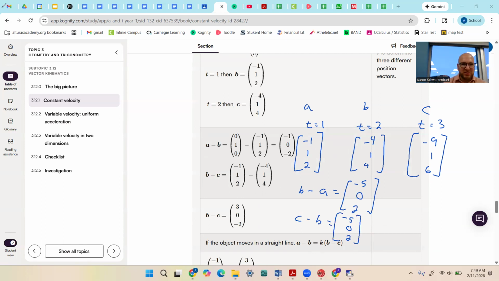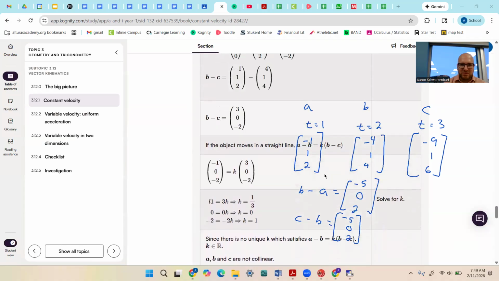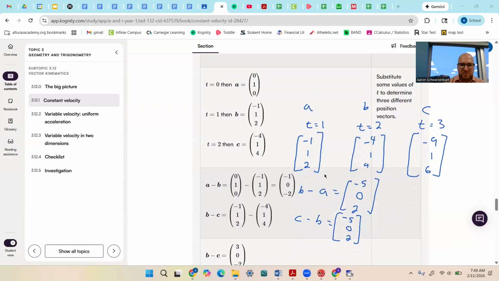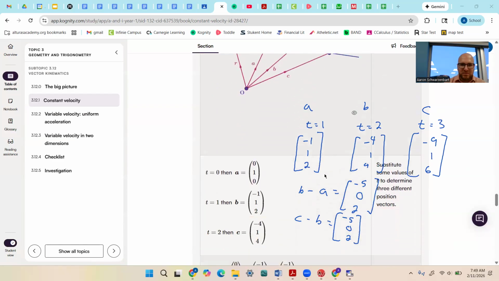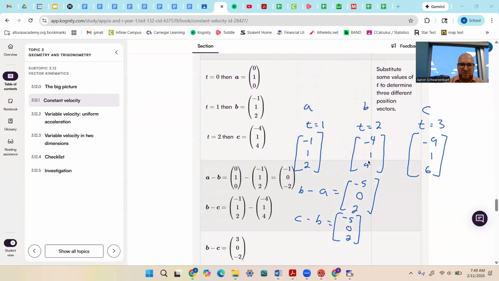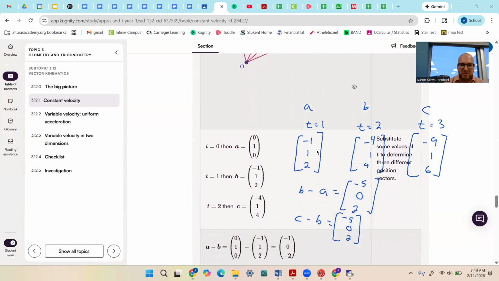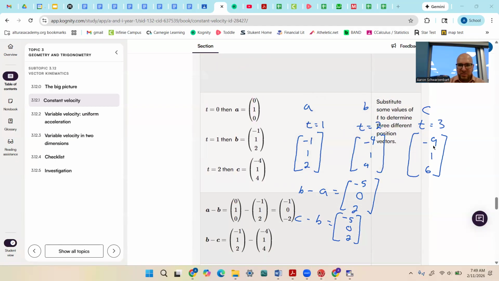Wait, maybe my object is moving in a straight line. We do have the same points. -9 minus -4 is -5.